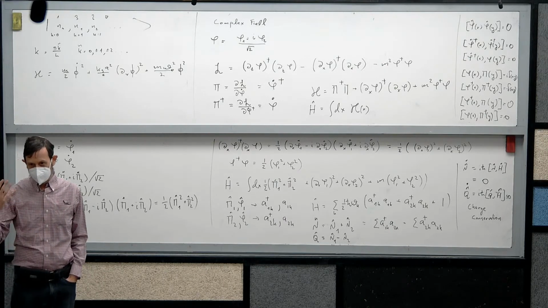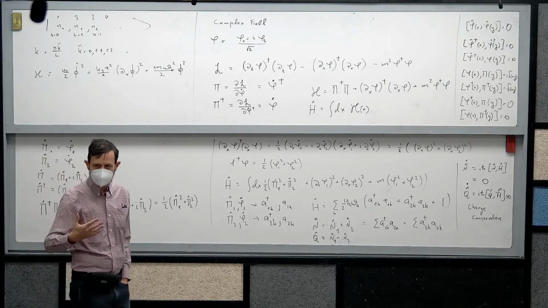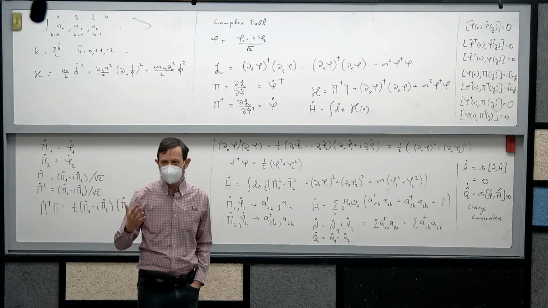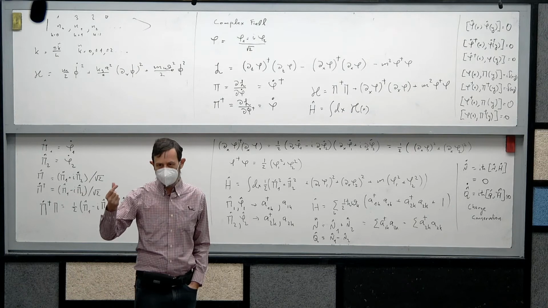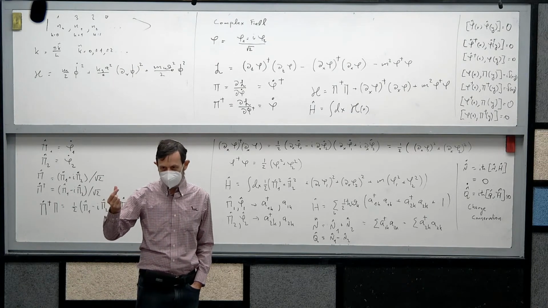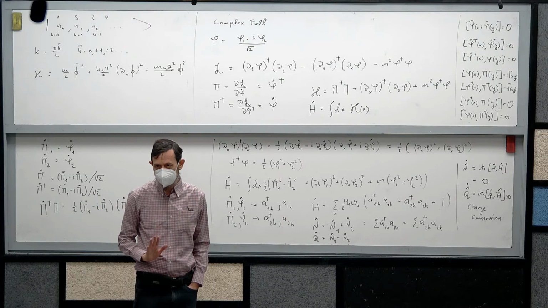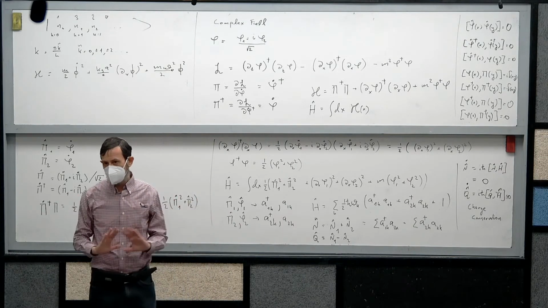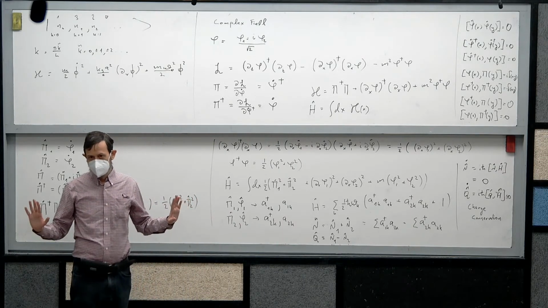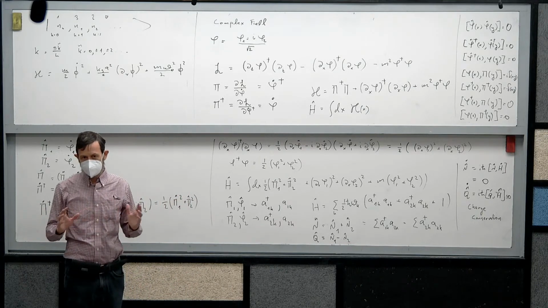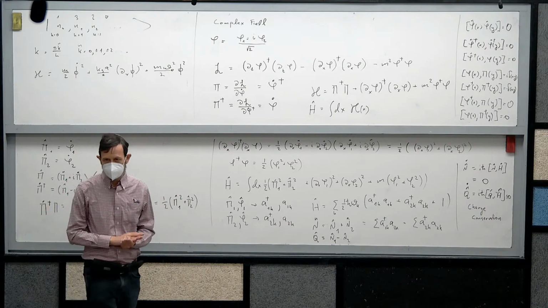So as a package deal, we'll get, at the end of the day, charge, positive and negative electrons out of it. And we'll get spin as an added benefit without putting it in. And all that comes out from the requirement that Lorentz invariance be kept.